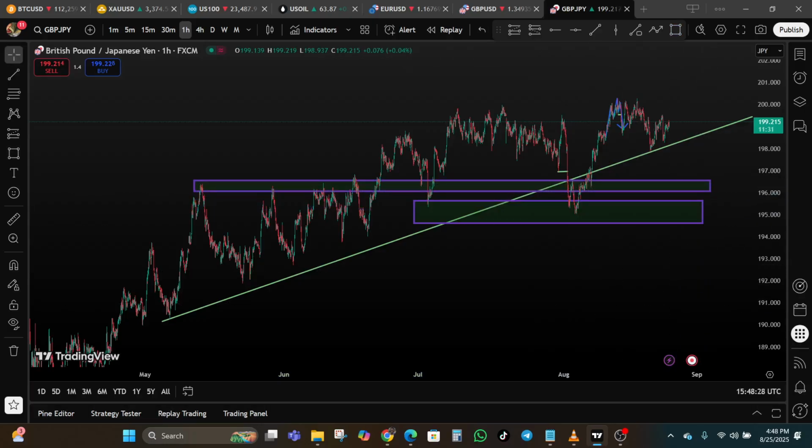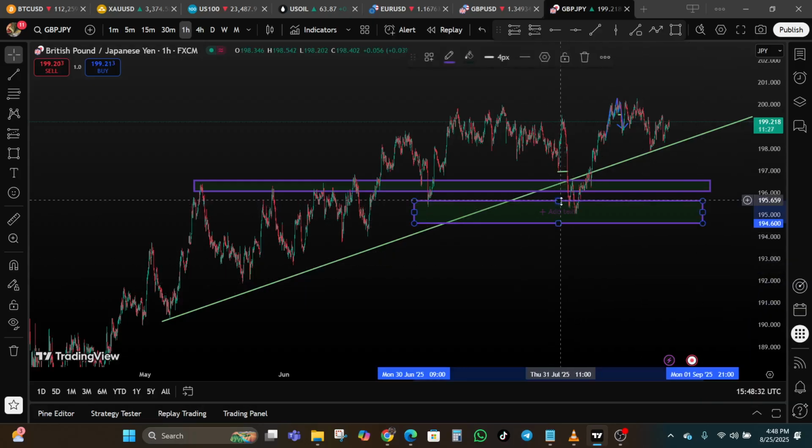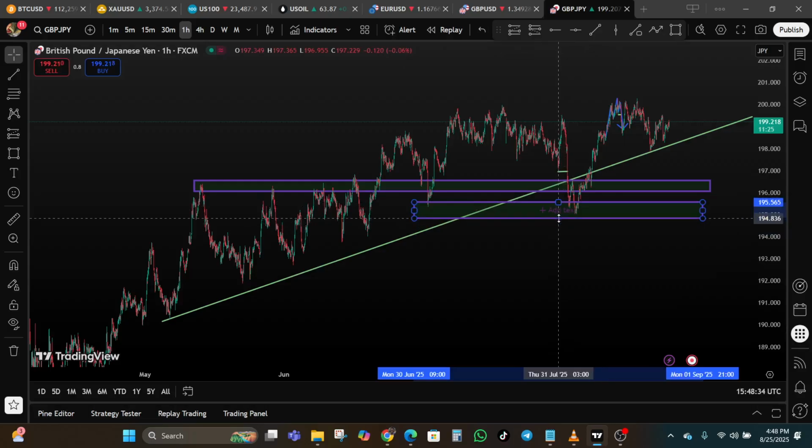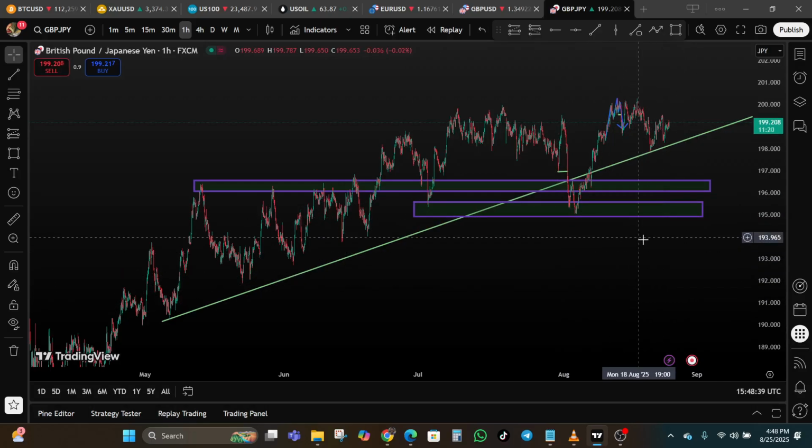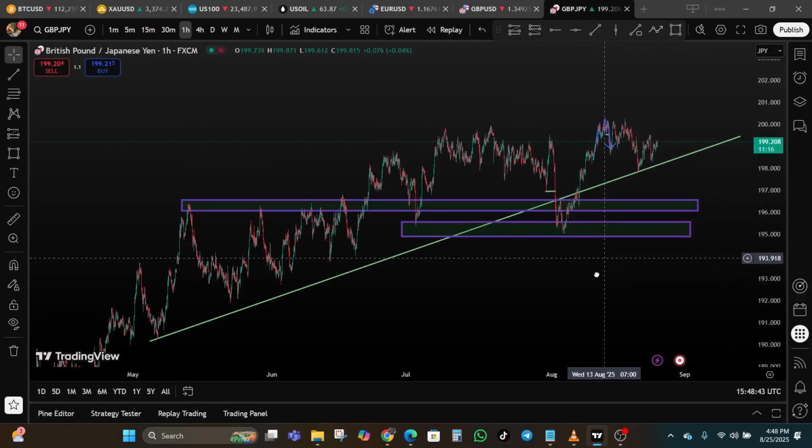Recent swing points are also liquidity areas that you should be looking out for. So if the market breaks structure only to grab liquidity and quickly reverse, that's a sign it was inducement and not a genuine shift.